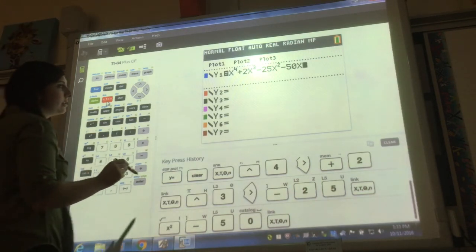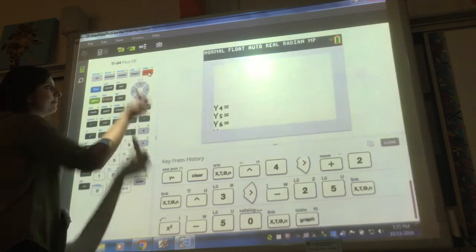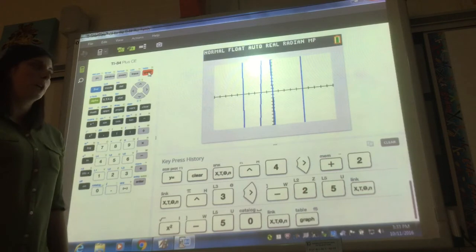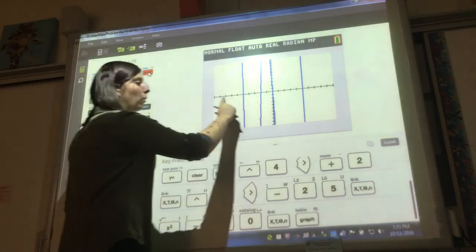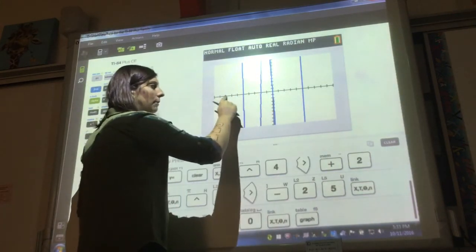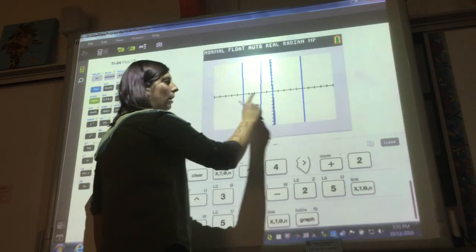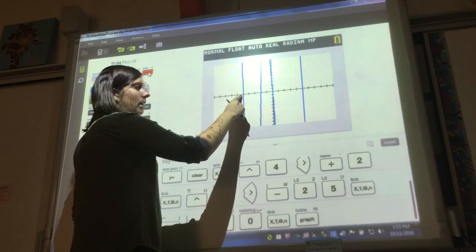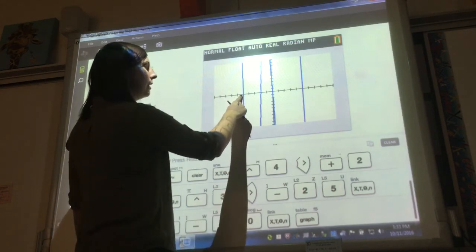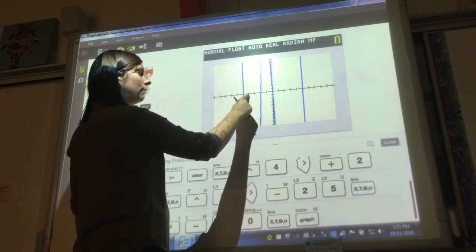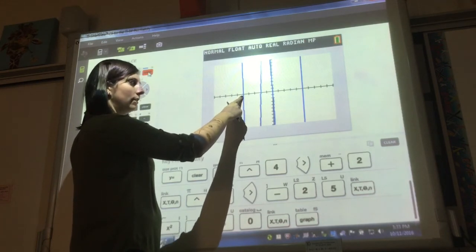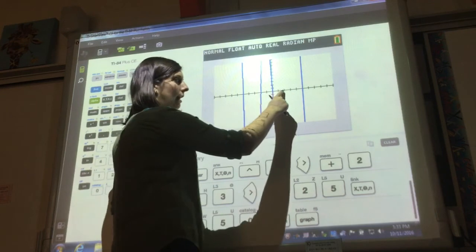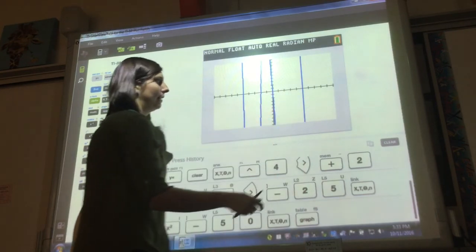If your equation matches your paper, go ahead and push the graph button in the top right. Let the calculator graph the line for you. Then, looking at your horizontal line, tracing from left to right, wall to wall, go ahead and find all the zeros, where x is going to be negative 5, negative 2, 0, and 5.